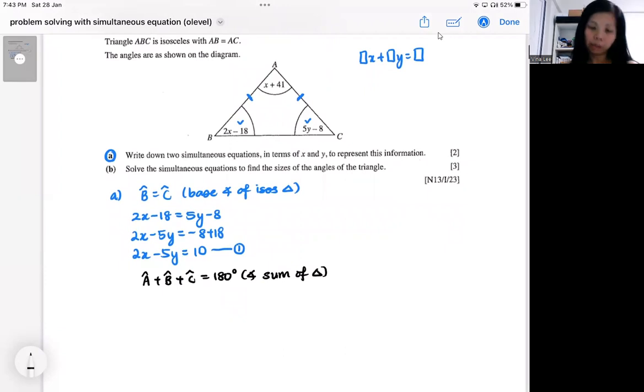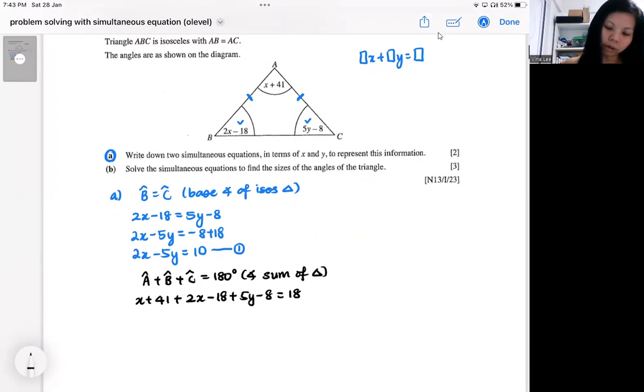So this property helps you to form another equation. It will be a very long equation. So I suggest don't label it as equation 2 first, of course. You try to work out the numbers, simplify the expression first.